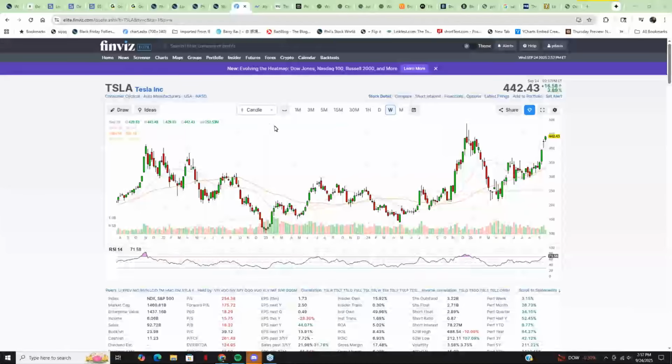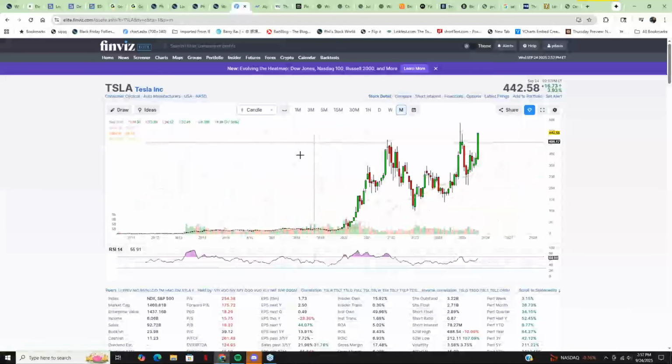Norman says, Phil, haven't you been poo-pooing Tesla since it started trading? No, I've not. We were long on Tesla, and in fact, we got burned by Tesla because it went up faster and further than we thought. We were long when Tesla first came out, and I thought, this is the future of autos. There was no competition for them back then.